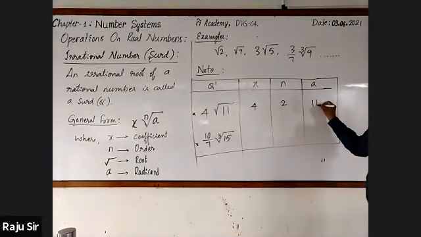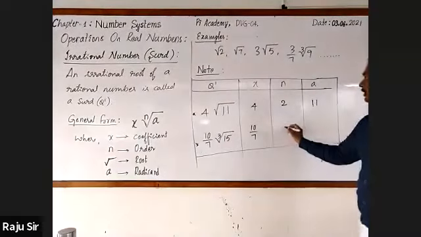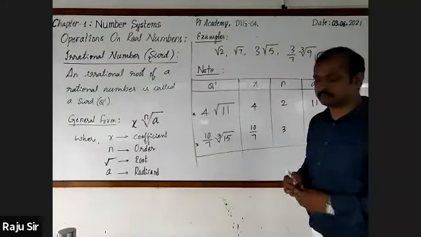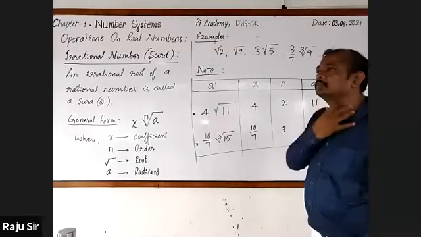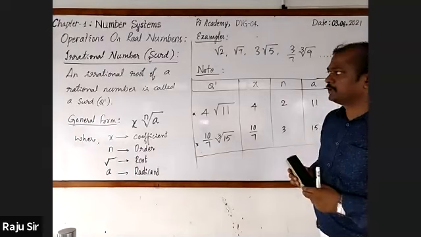Write with me. Second example, coefficient is 10 by 7, order is 3, and radicand is 15.